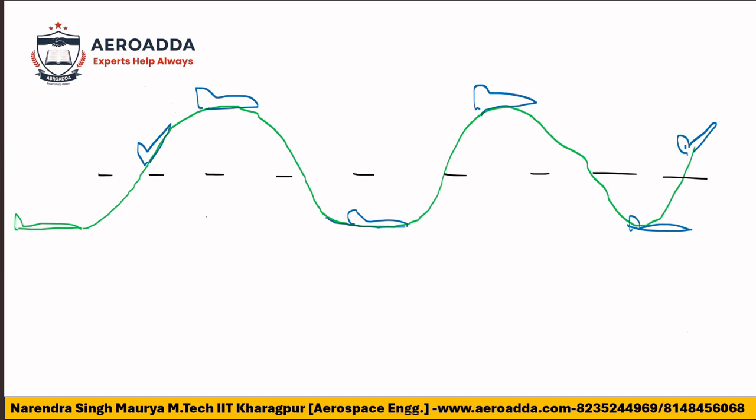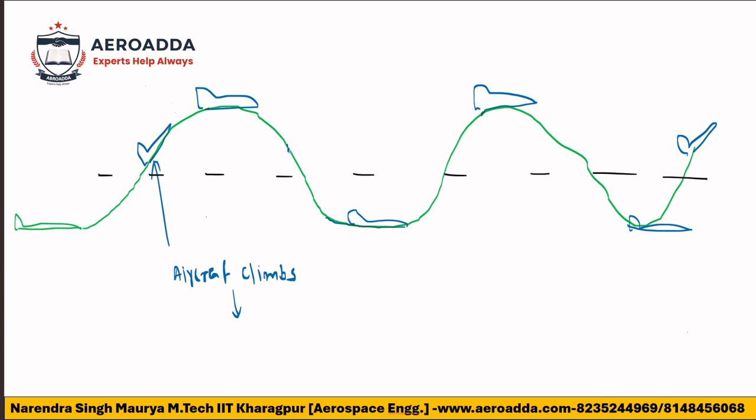So what is happening? You check. I will write each point. In this situation, see, the aircraft climbs. Yes or no? The aircraft climbs here. So once the aircraft is climbing, then what is happening?